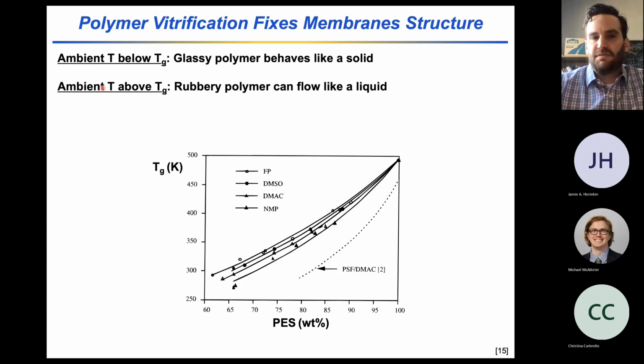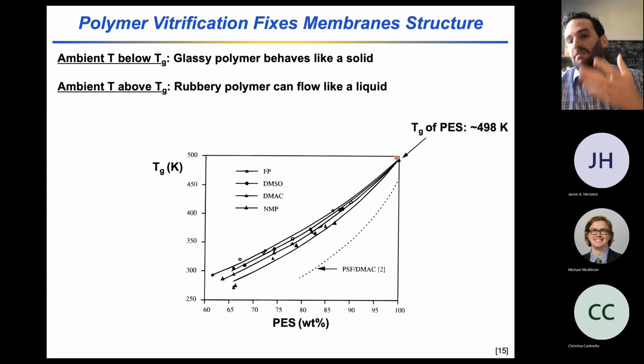And if the ambient temperature is above the glass transition temperature, the polymer is rubbery and can flow like a liquid, right? And so for pure polyether sulfone, the glass transition temperature is about 498 degrees Kelvin. And so at room temperature, it's clearly established as a glass and behaves like a solid.